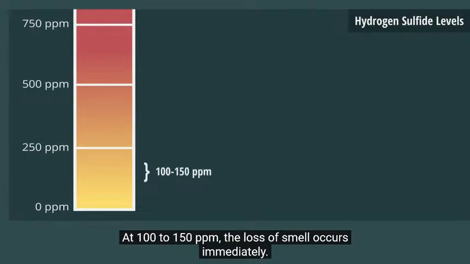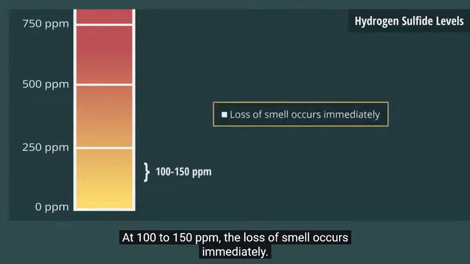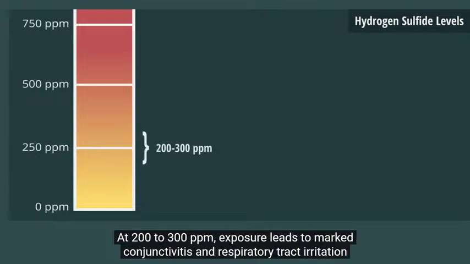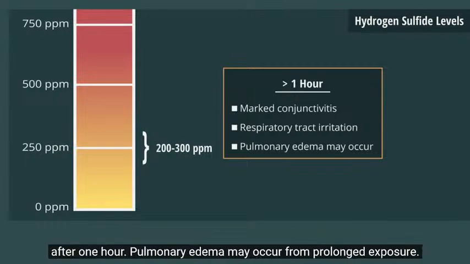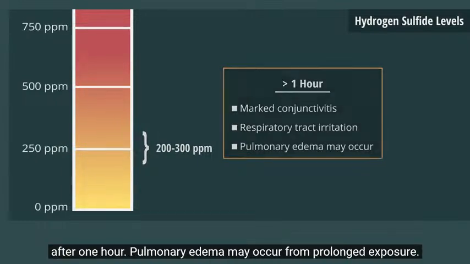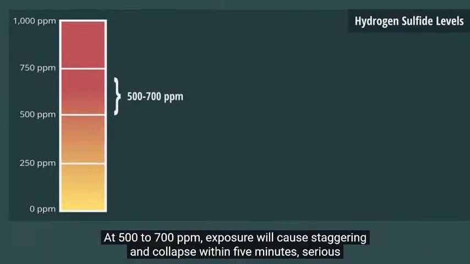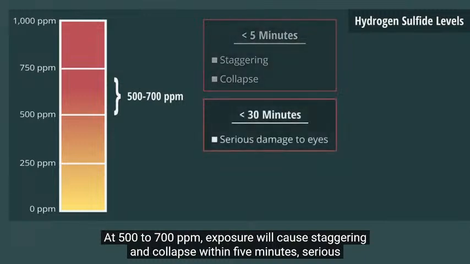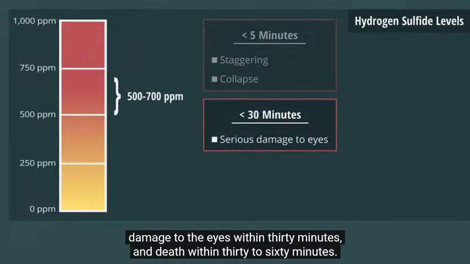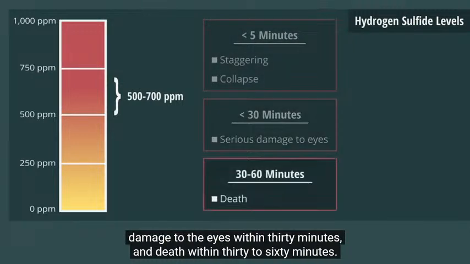At 100 to 150 parts per million, the loss of smell occurs immediately. At 200 to 300 parts per million, exposure leads to marked conjunctivitis and respiratory tract irritation after 1 hour. Pulmonary edema may occur from prolonged exposure. At 500 to 700 parts per million, exposure will cause staggering and collapse within 5 minutes, serious damage to the eyes within 30 minutes, and death within 30 to 60 minutes.